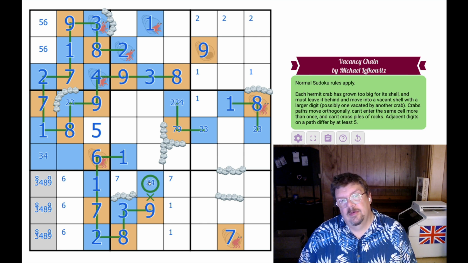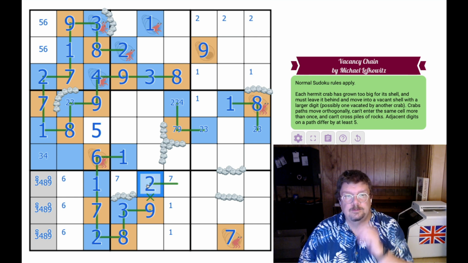Now this digit must have come from the right, and it's going to go left or up. Like that. And in fact, it can't be a 4 because I now can't put two nines next to it. So I can do that. That's a 2.